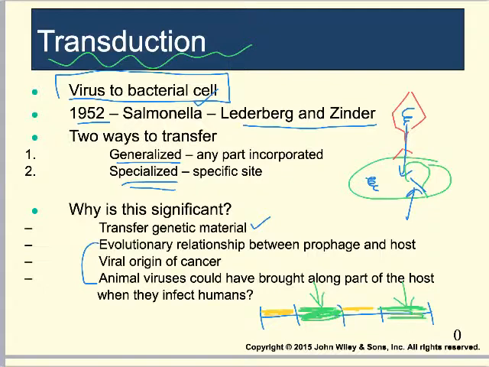Some people propose that it could have been a virus infection that went into the host and has just always been there. This also helps explain the viral origin of cancer. If a virus gets in and puts a piece of DNA into a chromosome, it can cause uncontrollable cell division.